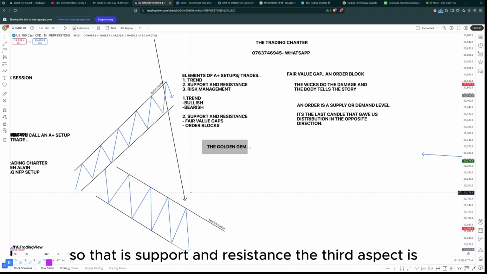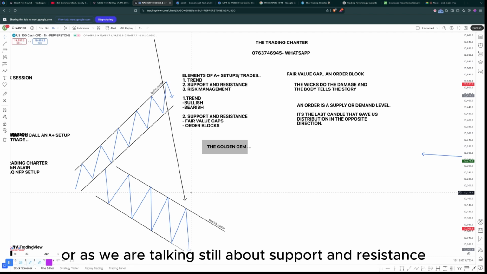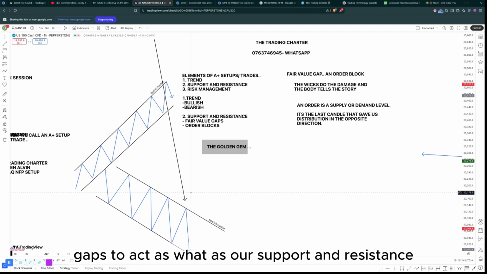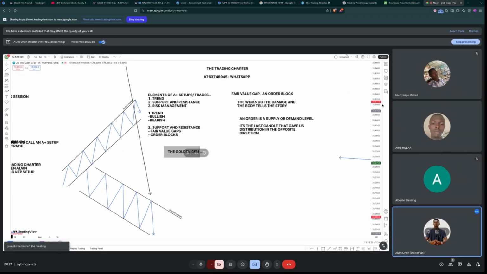The third aspect is, as we are still talking about support and resistance, we are going to use order blocks and fair value gaps to act as our support and resistance. Do all of us know fair value gaps and order blocks?